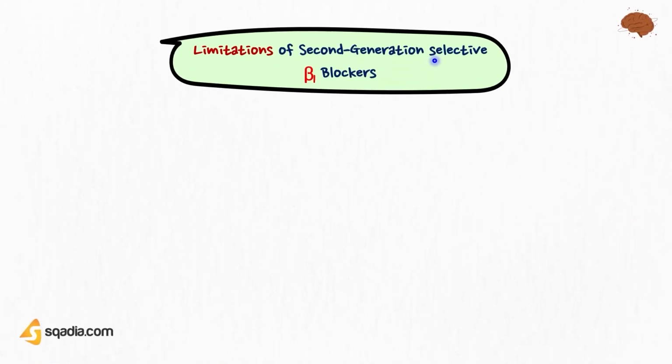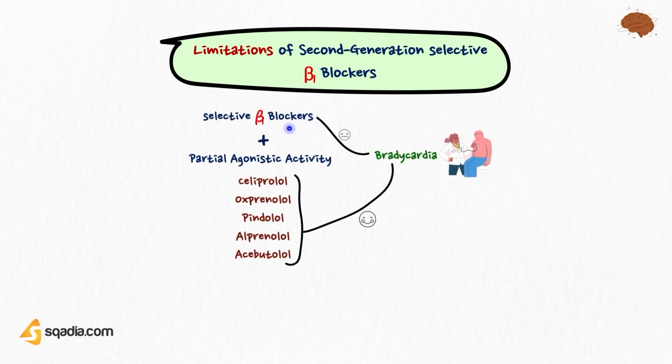Next we have limitations of second generation selective beta-1 blockers. The selective beta-1 blockers can cause bradycardia. This is their limitation. Why? Because beta-1 receptors are present in the heart, and by blocking them, you reduce the inotropic and chronotropic effect, and the heart rate decreases, so bradycardia happens. But there is some good news.